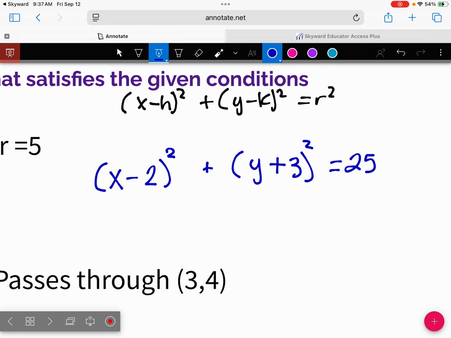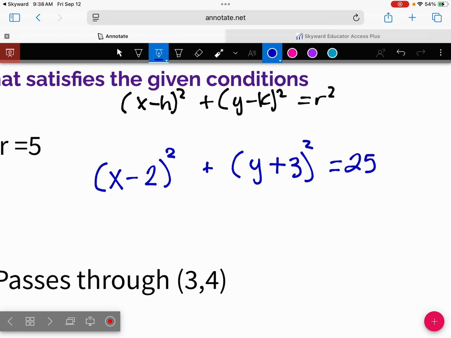If I know my center is at -2, 1, and it's going to go through 3, 4, how could I figure out how far away this point is? The distance formula, because that's going to be our radius.